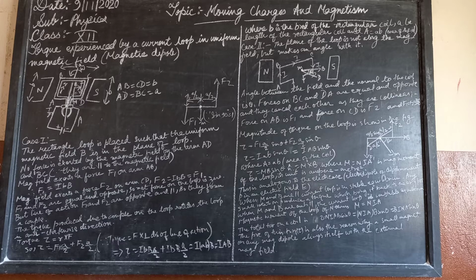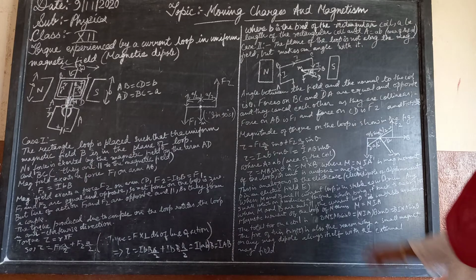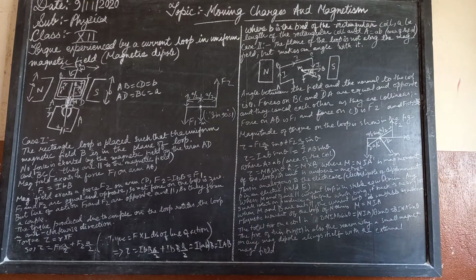This torque is the reason why a small magnet or a magnetic dipole aligns itself with the external magnetic field. So it is very well understood by this ratio, that is a by 2. So a by 2 is the ratio.